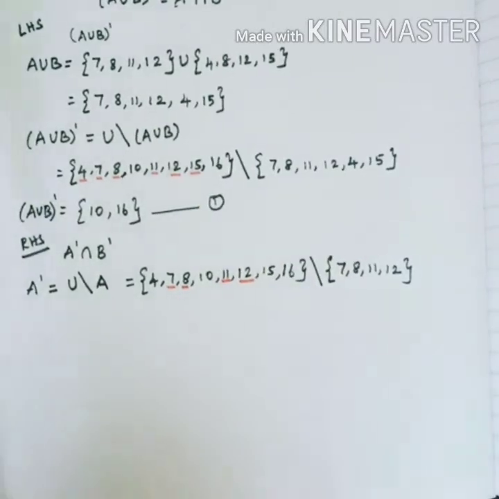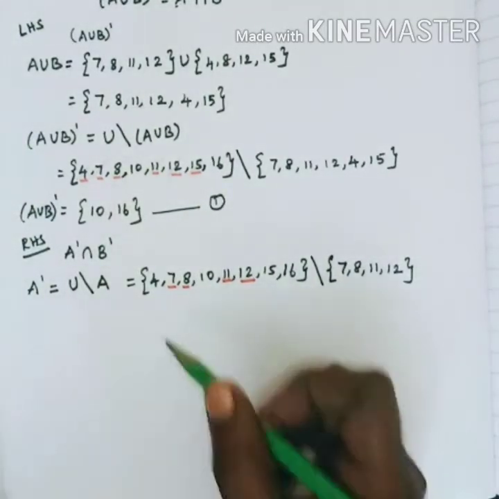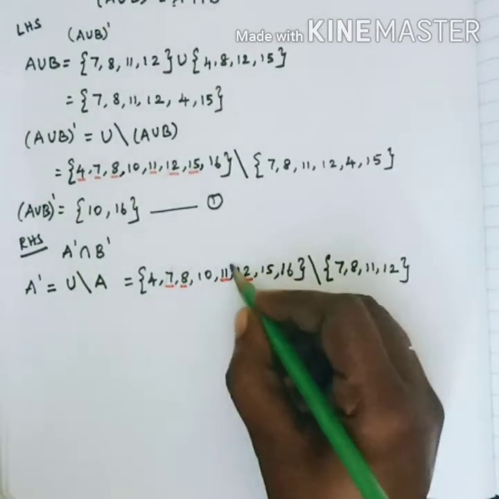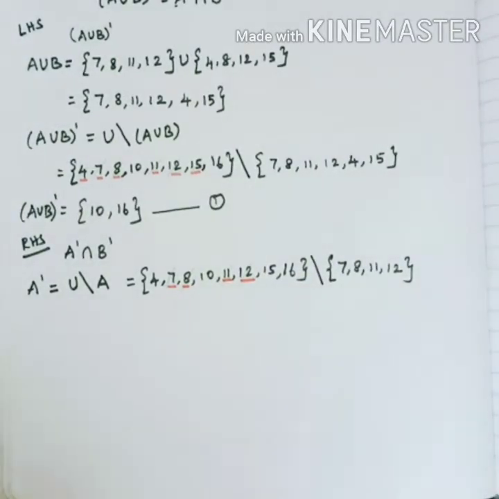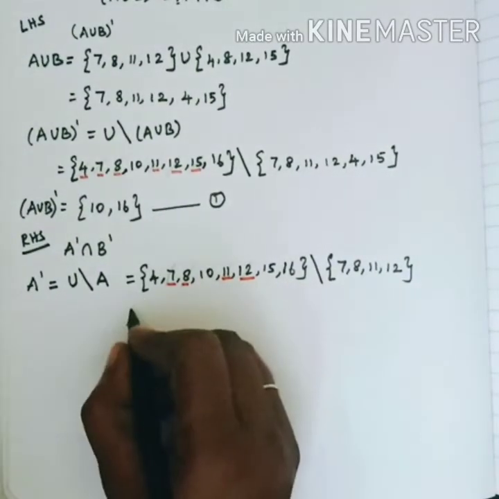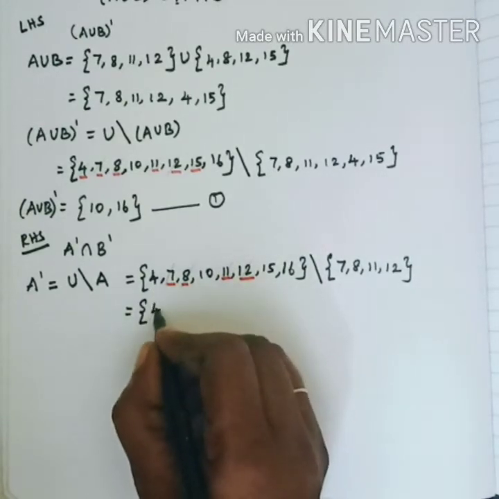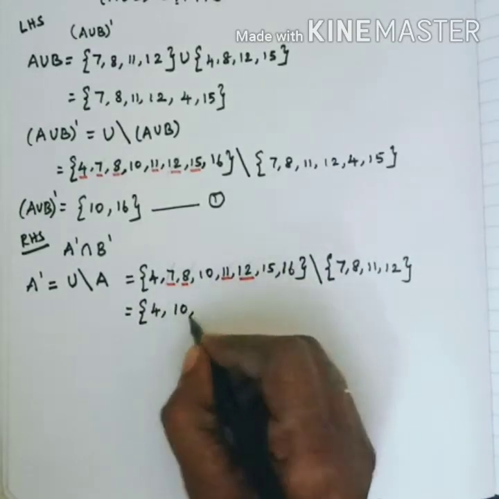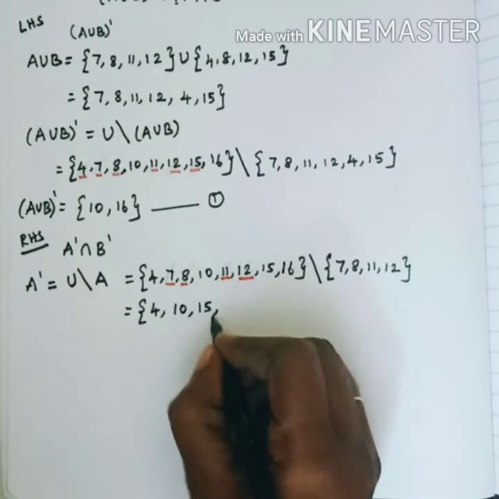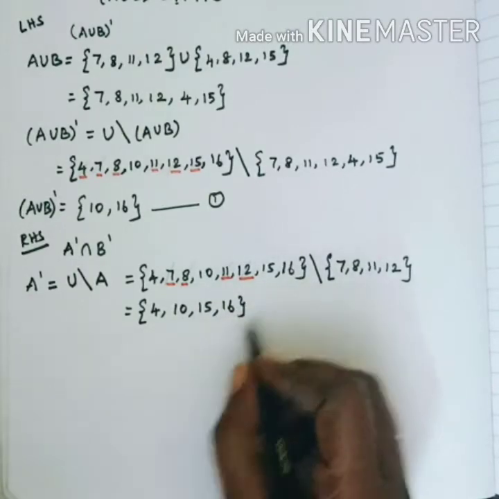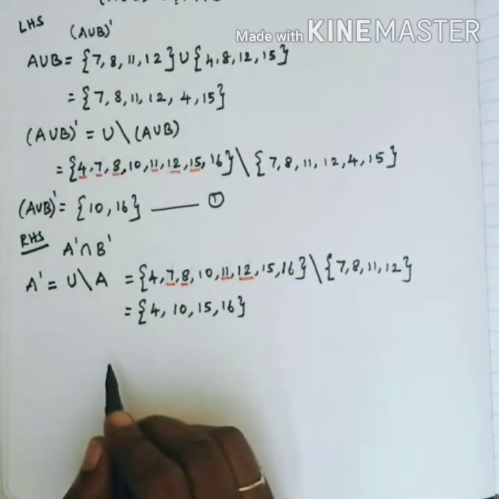So you have to omit these elements in the first set. So 7, 8, 11, 12, omit these elements and write the remaining elements. The remaining elements in the first set are 4, 10, 15, 16.